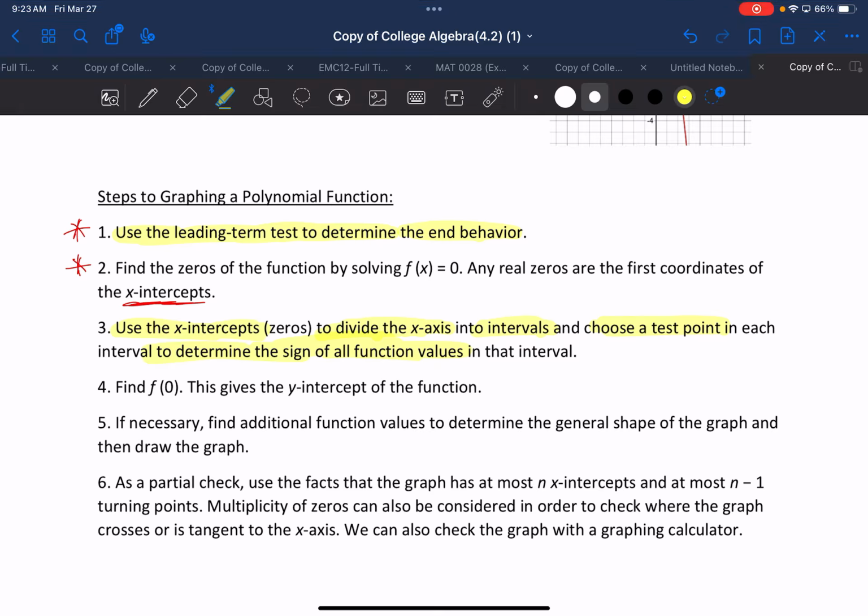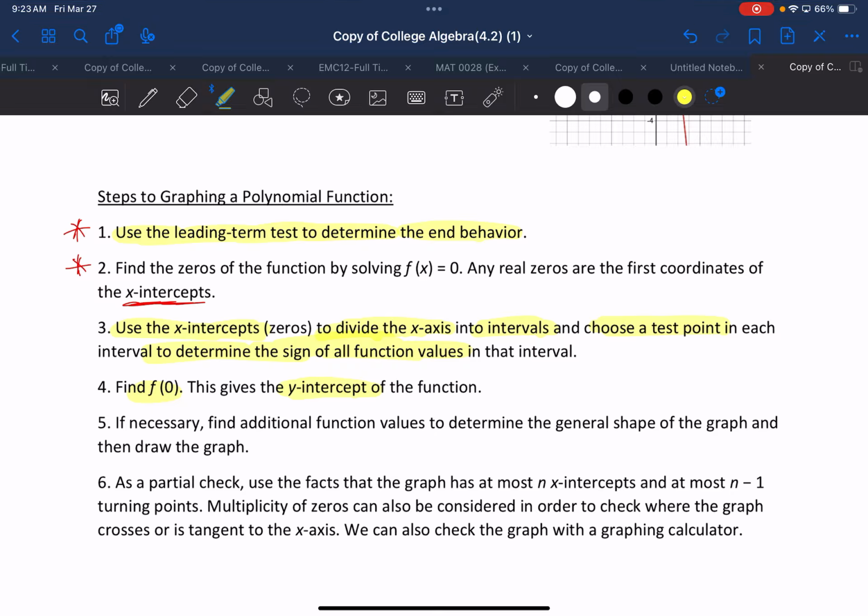Number 4 is to find f of 0, which means to plug 0 in for x. And this finds our y-intercept of the function. Remember, to find a y-intercept, you plug 0 in for x.